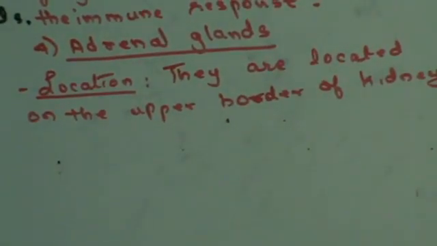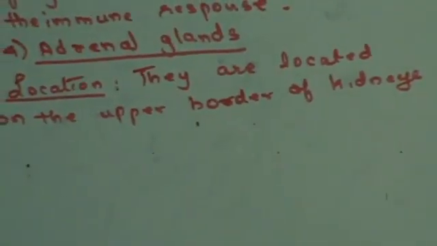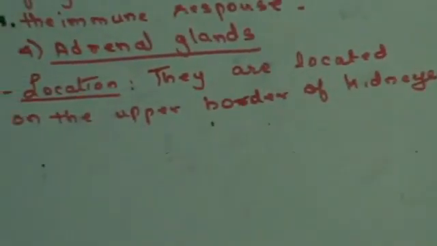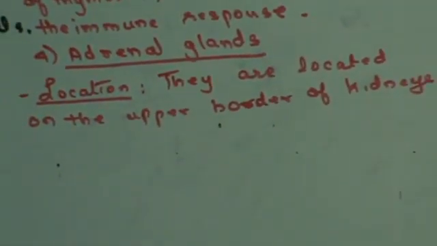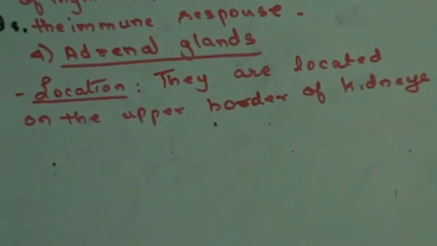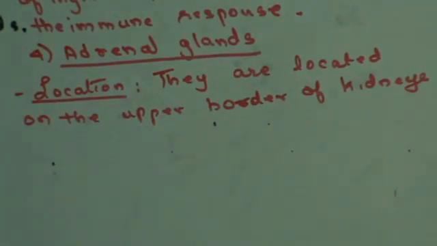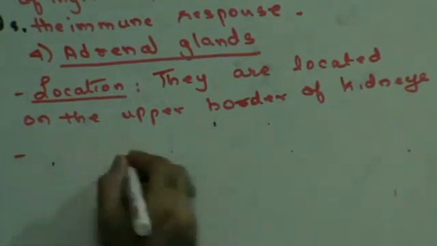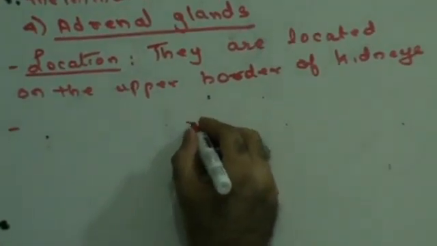The glands show two distinct regions. If you look at the glands, this is your kidney.